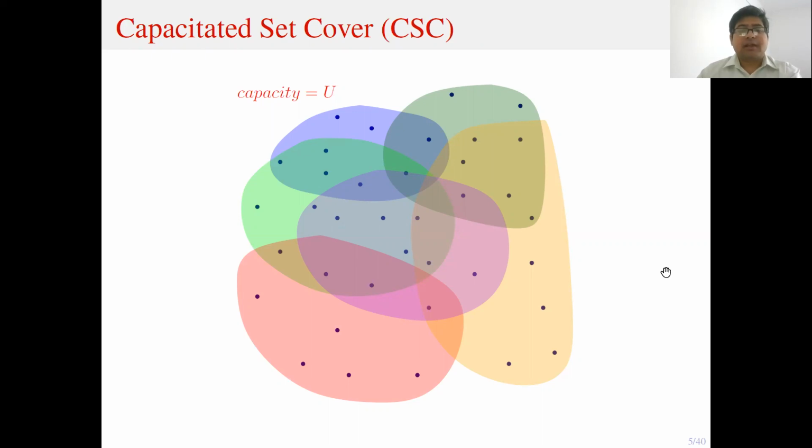And in a special case, if we set u to be the total number of elements in the ground set, then the capacity constraints are trivially true, and we obtain the set cover problem.